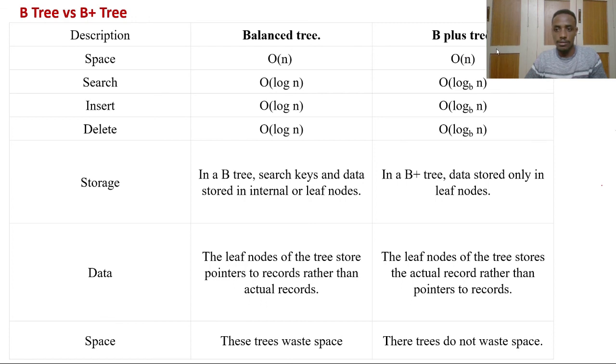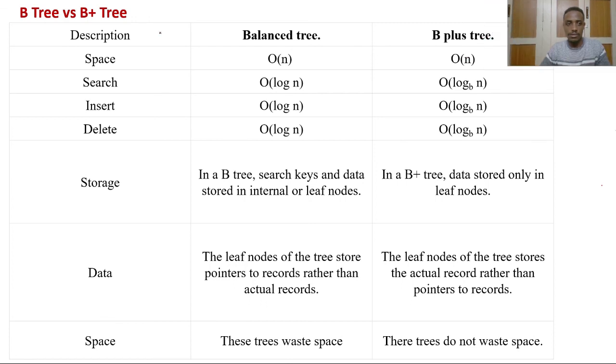Here we see some comparison between the B tree and the B+ tree, because the B+ tree is an extension of the B tree. So we can see the advancement of the B+ tree over the B tree. Space is the same, order of n. While searching in the B tree, it is order of log n, because some key values can be present at the root node itself or inner node itself, as well as at the leaf node.